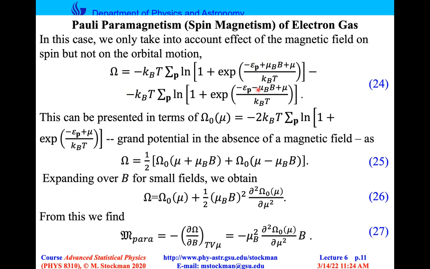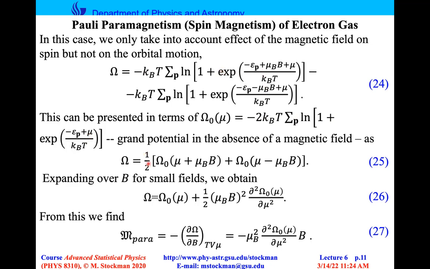We always have two signs coming symmetrically. So if I set mu B times B equals 0, these two terms are equal, and it will give you omega naught, which contains twice that, minus 2 kBT, the sum without a magnetic field.